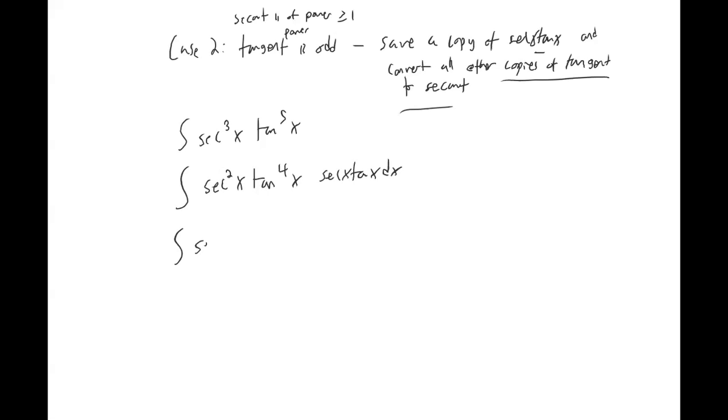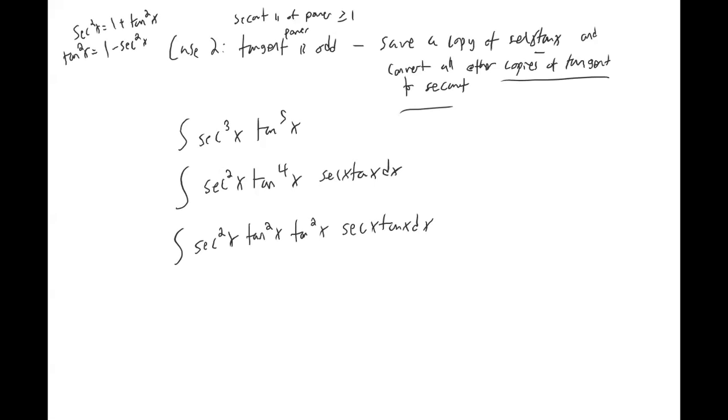So I'll go slow. Tan squared x. If secant squared x is 1 plus tangent squared, then tangent squared x is 1 minus secant squared x, right?